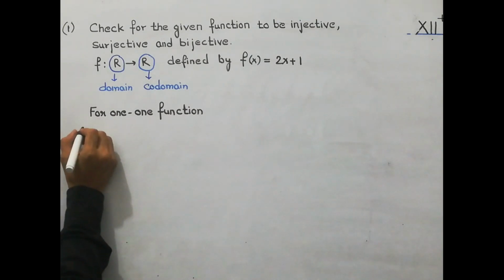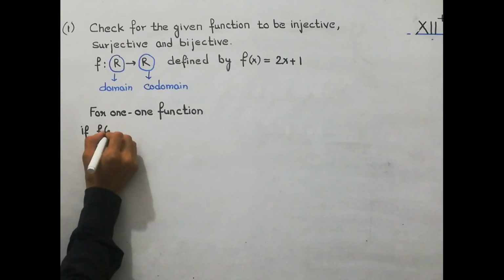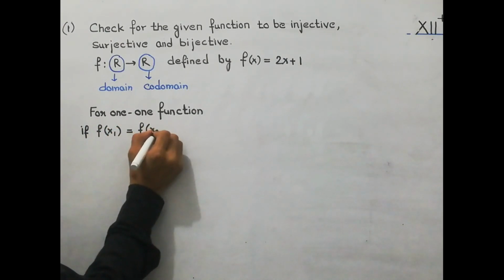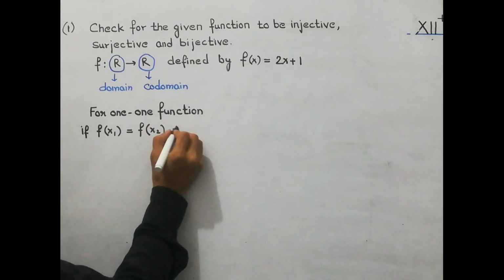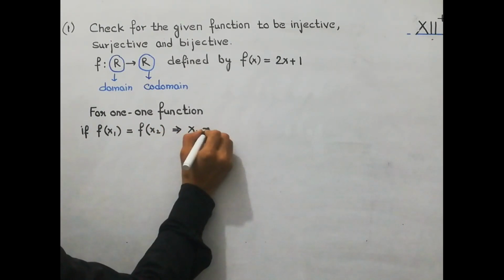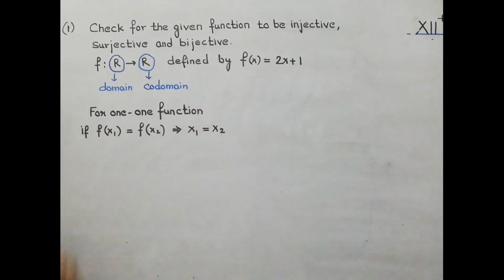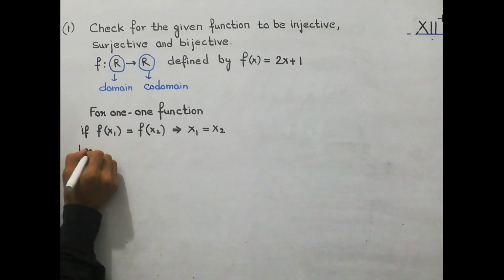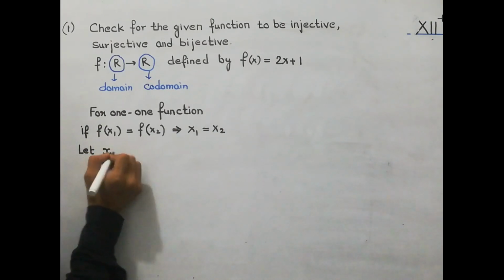For 1-1 function, definition in the algebraic form is if functional value at x1 is equal to functional value at x2, that implies x1 is equal to x2. So this is the algebraic meaning of 1-1 function. After writing this, now we will consider any two elements which are belonging to domain. Let x1.